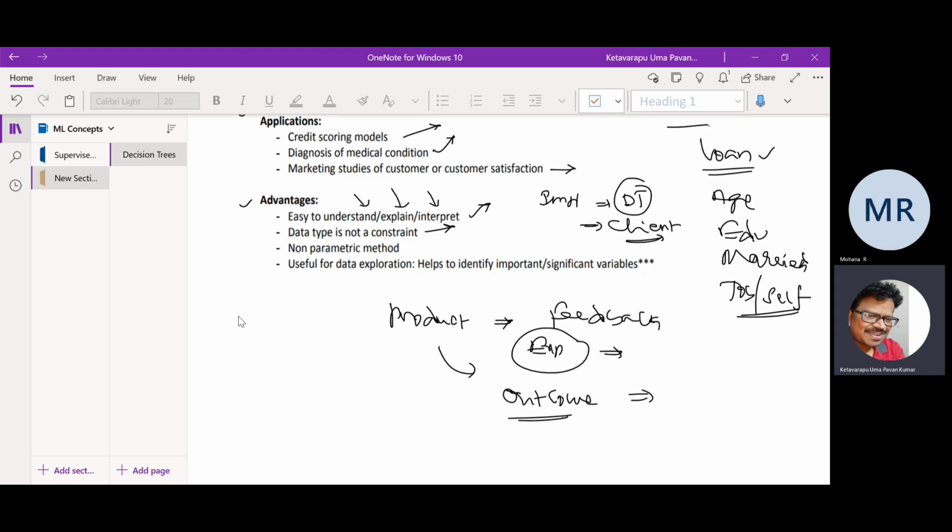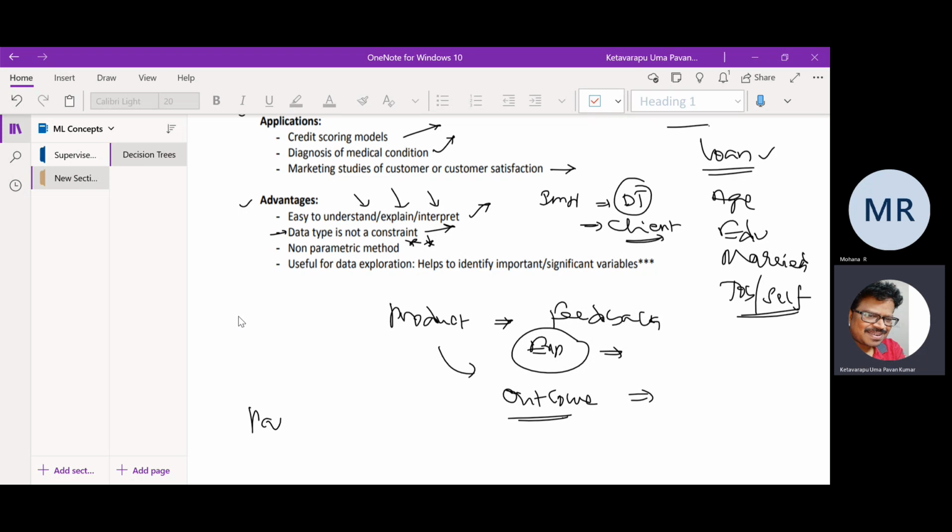Moreover, as I said, maybe the data is continuous or else categorical, whichever kind of data, that particular thing is not a constraint. Your data type is not at all a constraint related to the decision tree implementation. So no matter whether you are using continuous or categorical data items, it is absolutely fine. And most importantly, it is non-parametric.